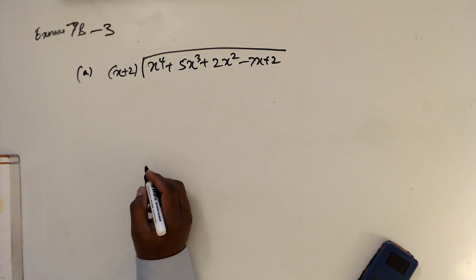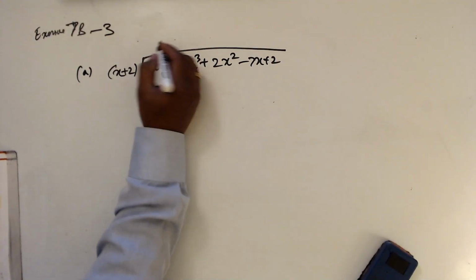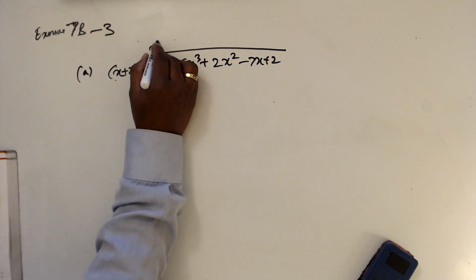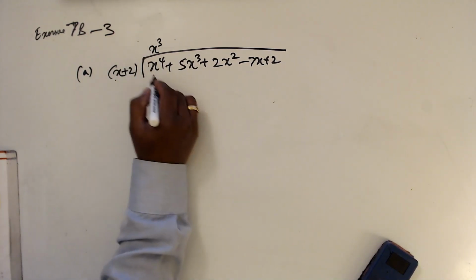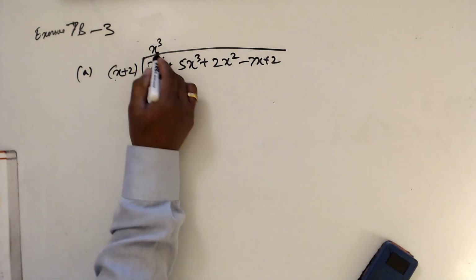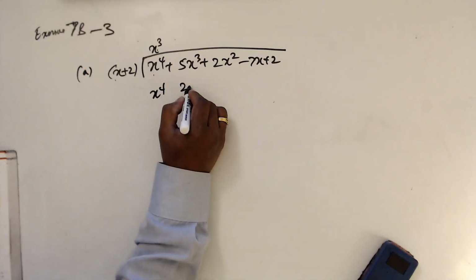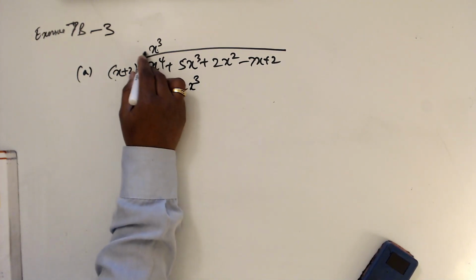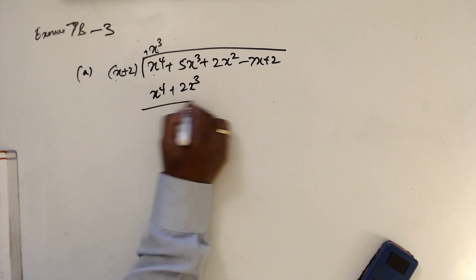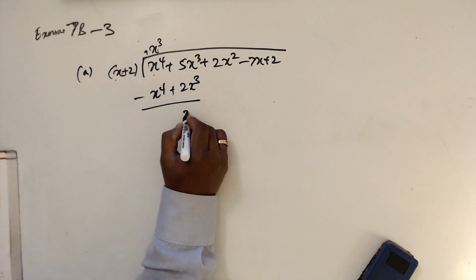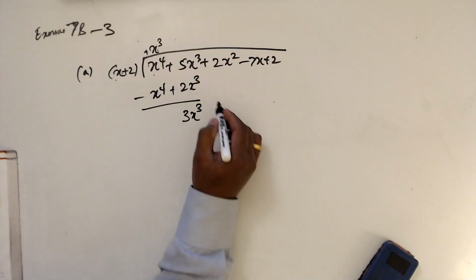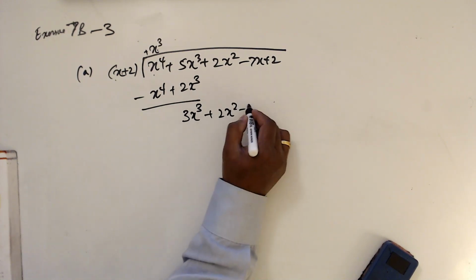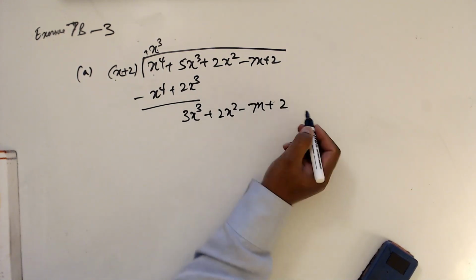7b, question number 3a. How many x goes to x4? x3. Then x3 times x, x4, and x3 times 2, 2x cube, and plus times plus, plus, minus. This is going to be 3x cubed, and we're going to continue, bring it down, minus 7x plus 2.